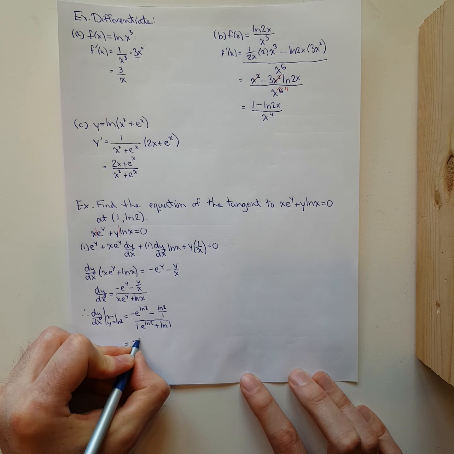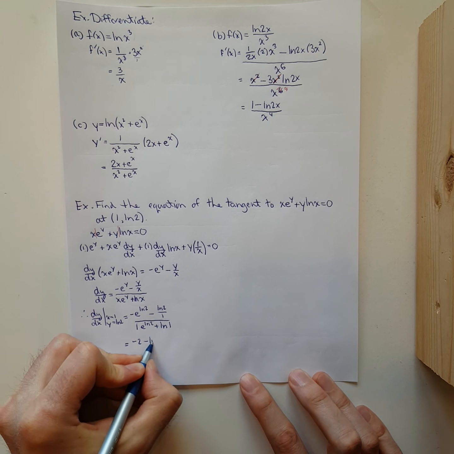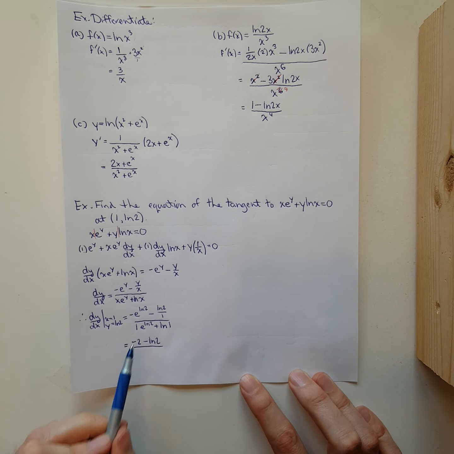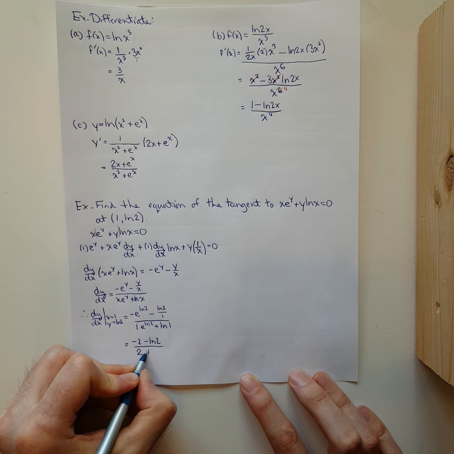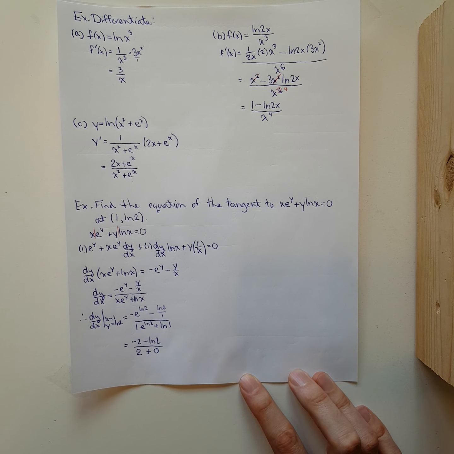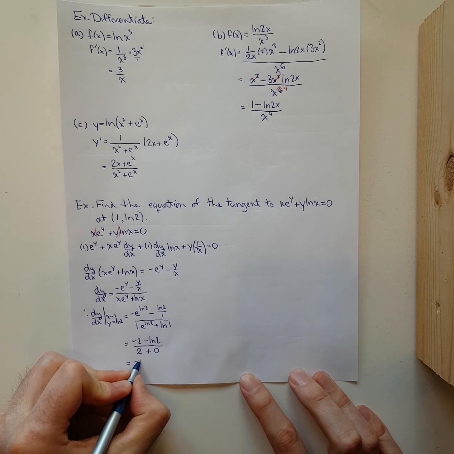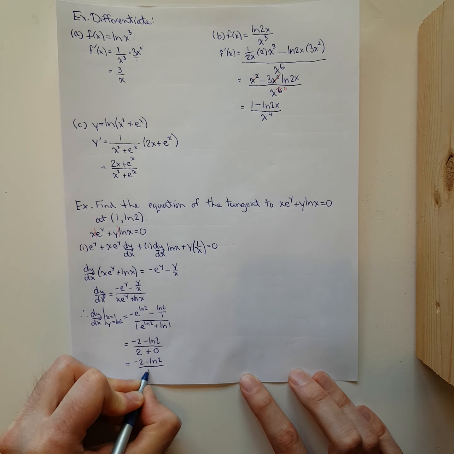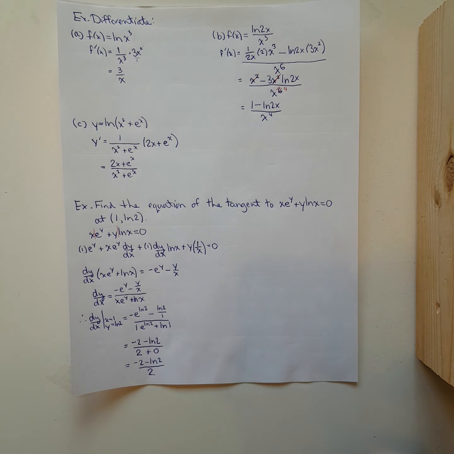Here you will get negative 2 minus, this does not evaluate nicely, so I'll leave that as ln 2, all over. This will evaluate quite nicely to just 2, and ln of 1 evaluates quite nicely, that is 0. So in the end here we end up with the slope of our tangent being negative 2 minus ln 2, all over 2. Not necessarily a nice number, but an exact number.